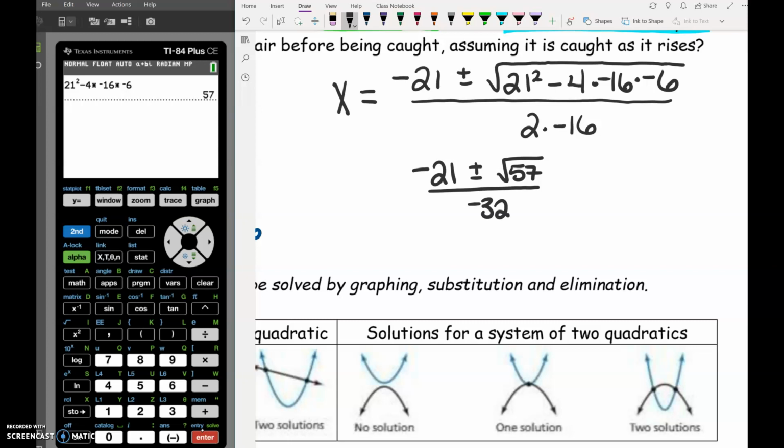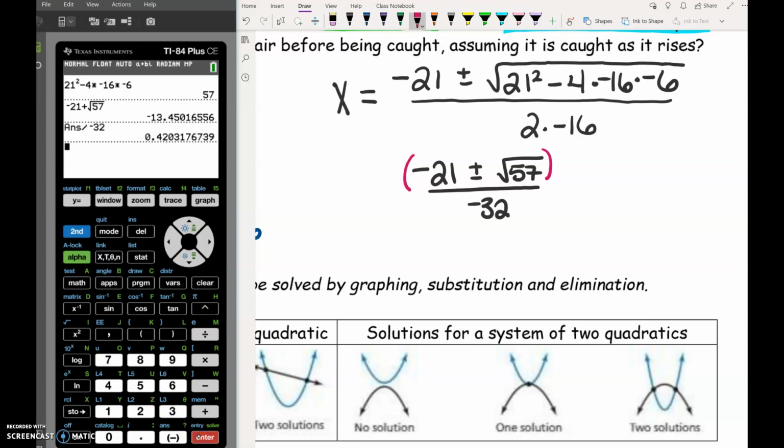That division bar is a grouping symbol. You have to do everything that's on the top before you divide by negative 32. So I would suggest that you do not try to do this all in one step. I like to do negative 21 plus square root of 57, enter, divided by negative 32, enter.